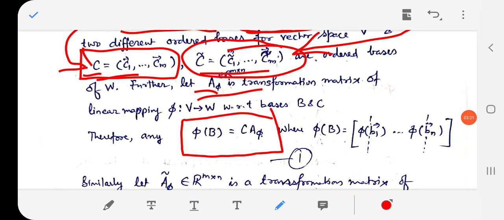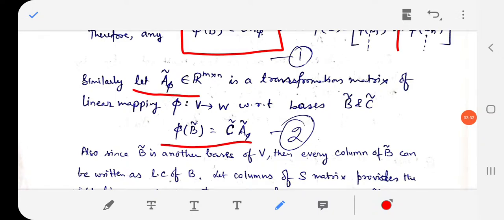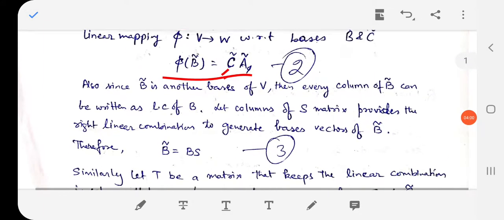Let us see how it looks. Similarly, if you talk about A phi tilde, you will get this one, because phi of B tilde means every basis vector in B tilde can be mapped, and it will be a vector in the vector space W, and that can be written as the linear combination of C tilde, right? So that's how we can write it. Okay, so let us go ahead and see what we can do.